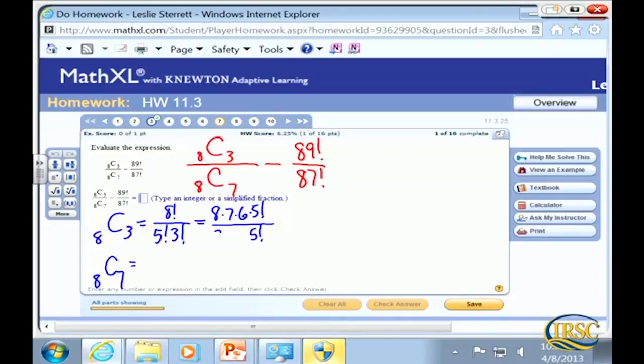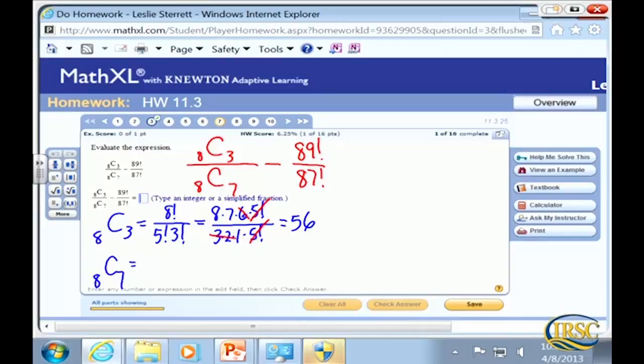And then still expanding out 3, 2, 1. So the 5 factorials cancel. 3 times 2 is 6, so I can just go ahead and cancel that in one shot instead of in 2 steps like we did last time. And then all I have left is 8 times 7, which is 56. Good.